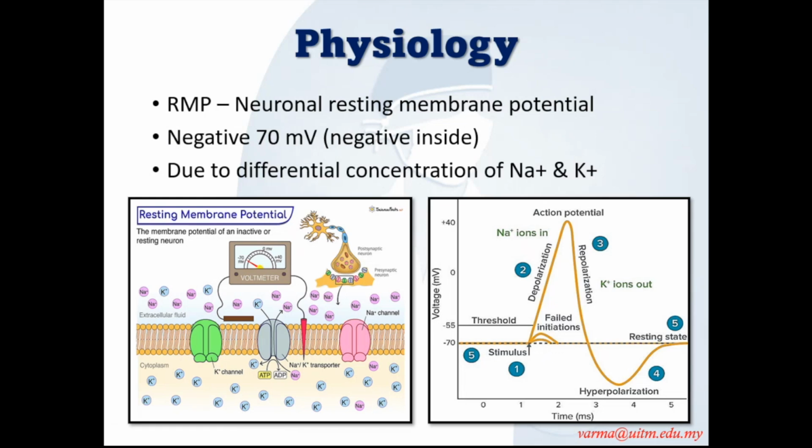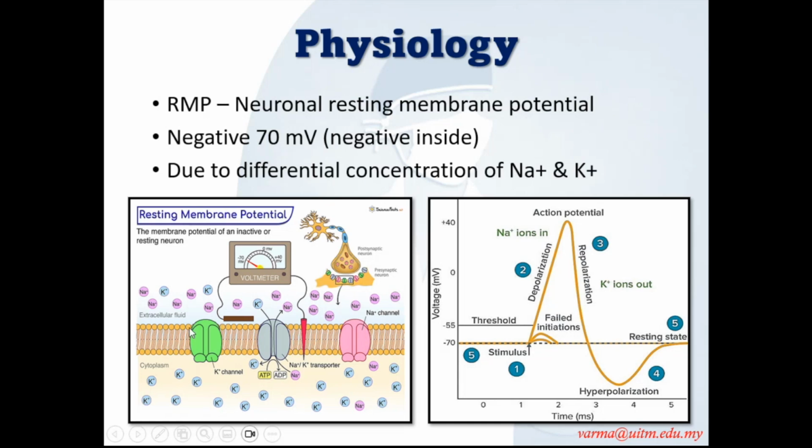At the exoplasm, you have a sodium channel, you have a potassium channel, and you have a sodium potassium ATPase pump. This is an active transport which actively pumps in potassium against the concentration gradient and actively pumps out sodium against the concentration gradient, pumping out and pumping in, but both are against the concentration gradient.